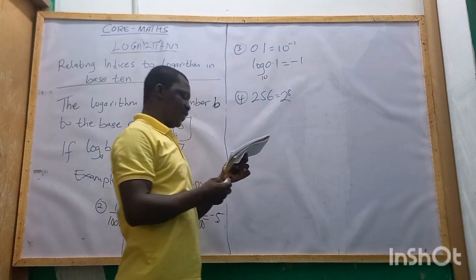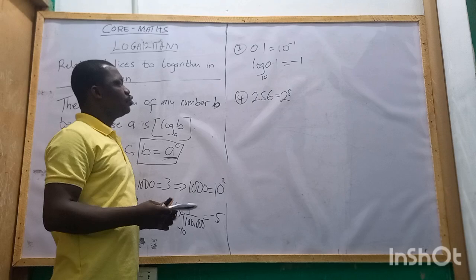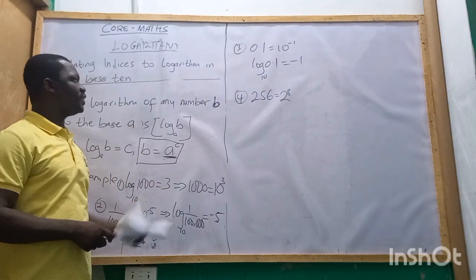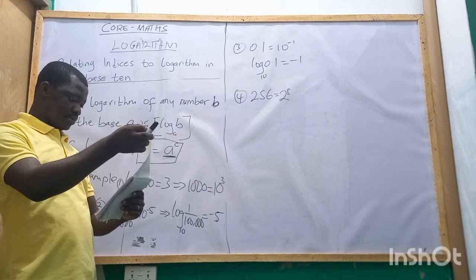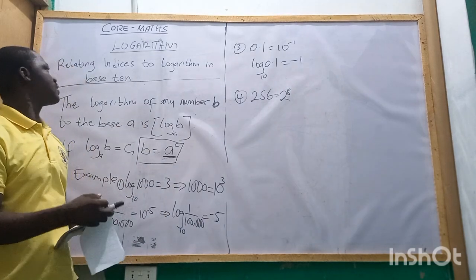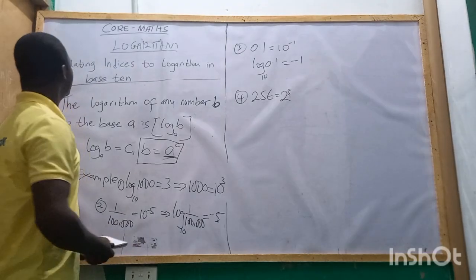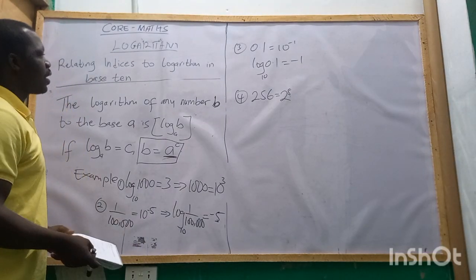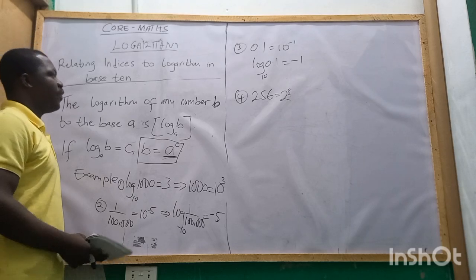So 256, which is equal to 2 exponent 8. Write it in logarithm form. Okay, so we have finished with the first aspect, relating indices to logarithm, or how to write indices in logarithm form.